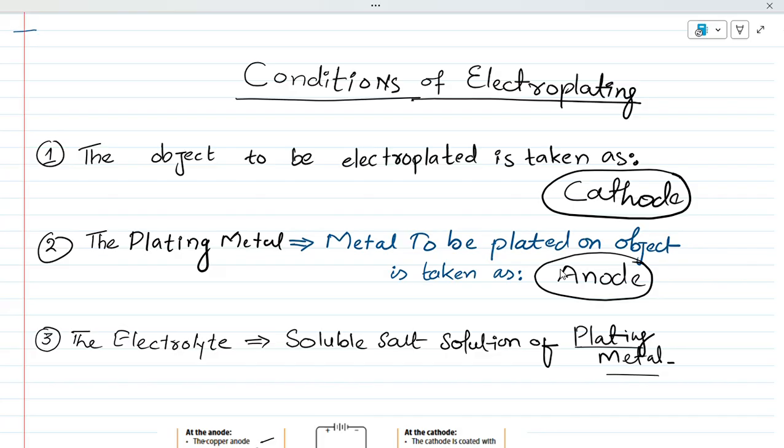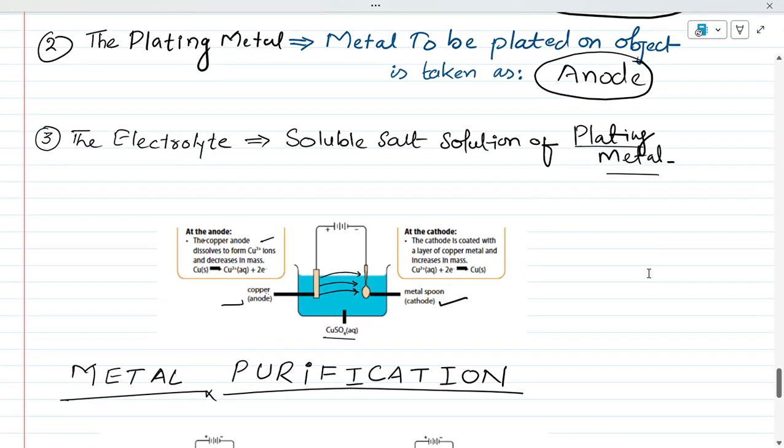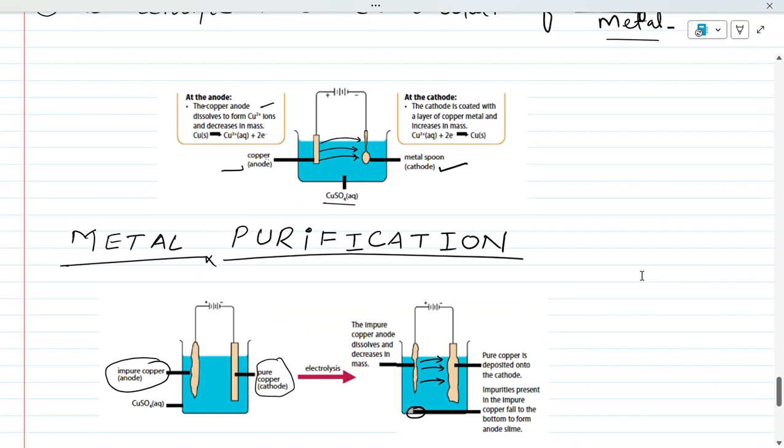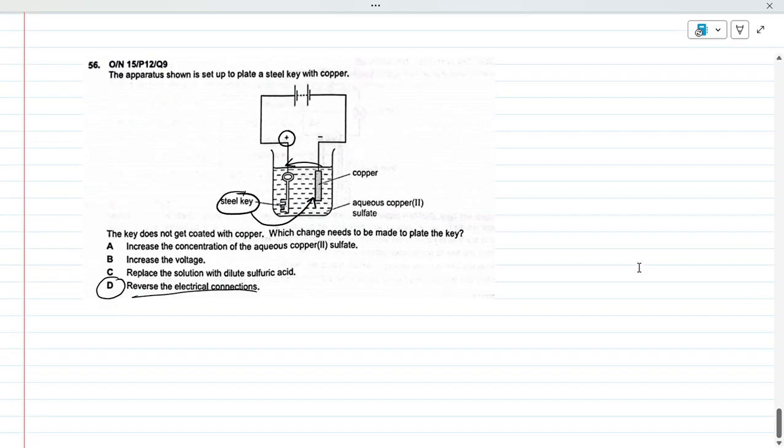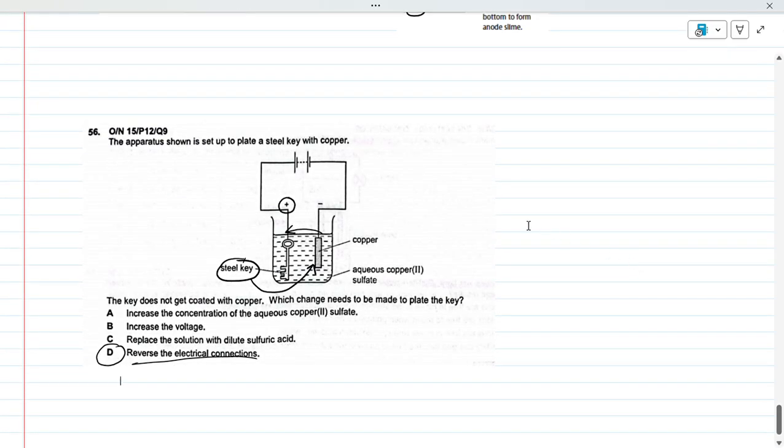For soluble salts, you can recall the general solubility rules. All the SNAP salts are soluble: sodium, nitrate, ammonium and potassium salts. All chlorides are soluble except lead chloride and silver chloride, and this also applies to sulfates and hydroxides. So these are the metal purification process, that impure metal can also be purified by electrolysis, and these are the sample questions. Alright, thank you.